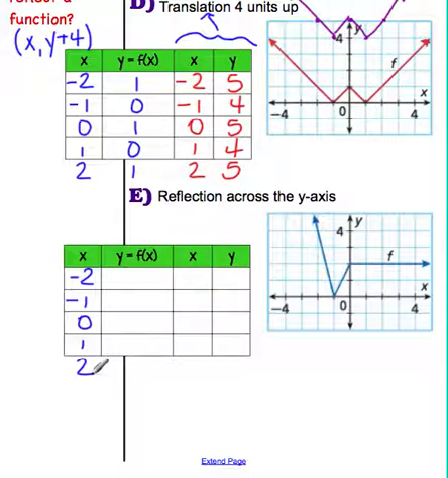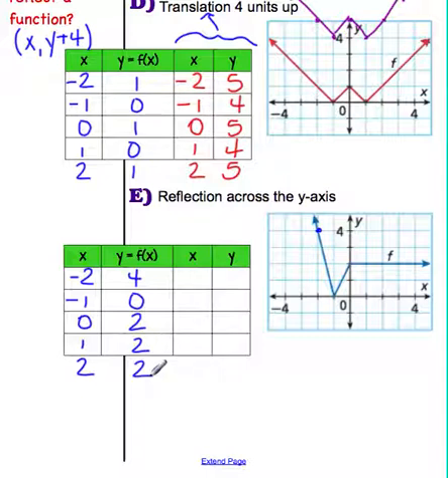So when I'm at -2, I see here on the graph that I am here, which is at 4. When I'm at -1, I'm at 0. When I'm at 0, I'm at 2. When I'm at 1, I'm at 2. And when I'm at 2, I'm at 2.